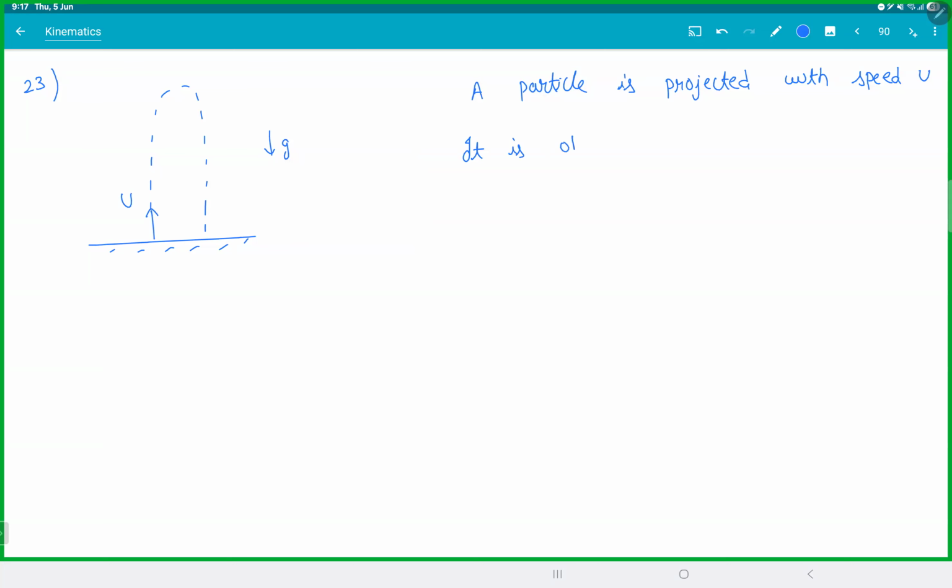It is observed that the distance traveled in the fifth second and sixth second are equal. Find H max.